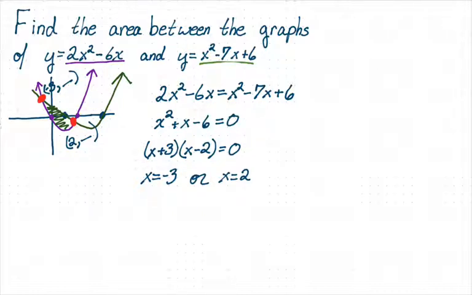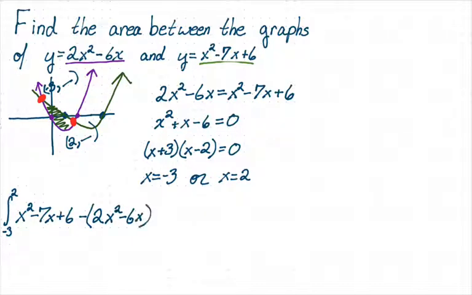So now this is going to be the integral from negative 3 to 2 of the green function, which is x squared minus 7x plus 6. It goes first because it's on top, minus the purple function, which is 2x squared minus 6x, dx.